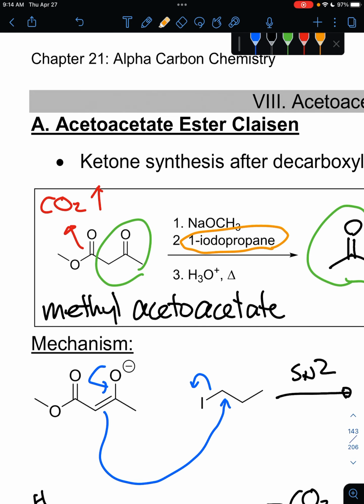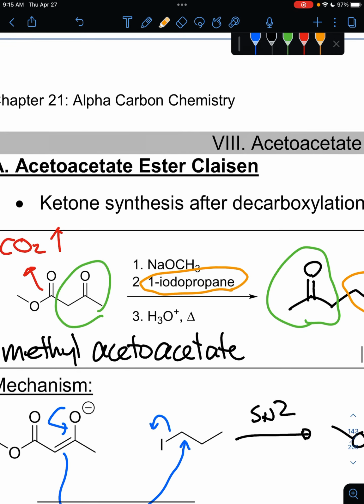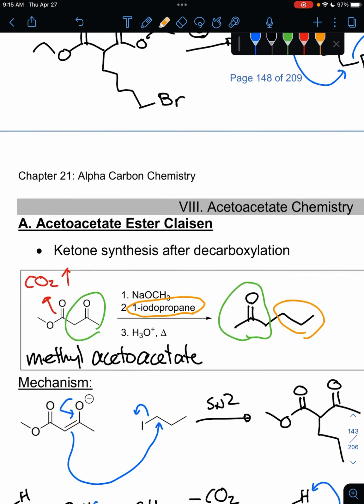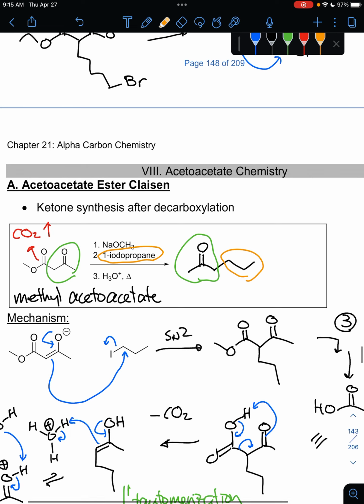And the same idea: this portion of the molecule that's circled with green gets retained in the product, whereas this carbon here becomes decarboxylated, which means it becomes carbon dioxide and evolves away.